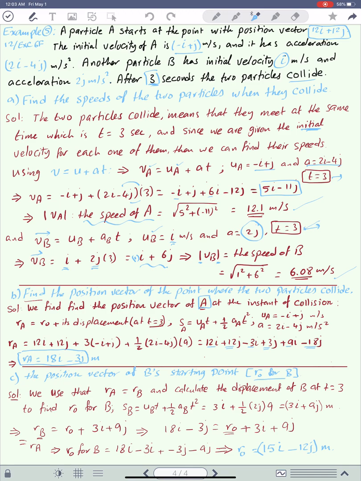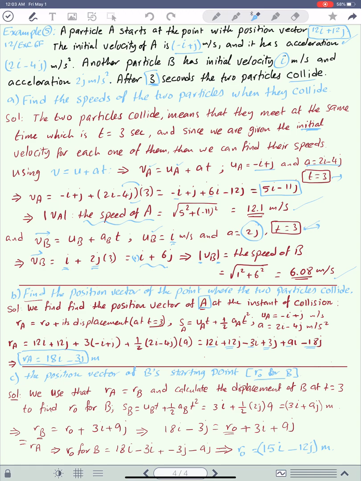Because we are given the initial position vector for A, but not for B. The idea in this part and the next part uses the same fact: when they meet, their position vectors are the same because they meet at the same time.